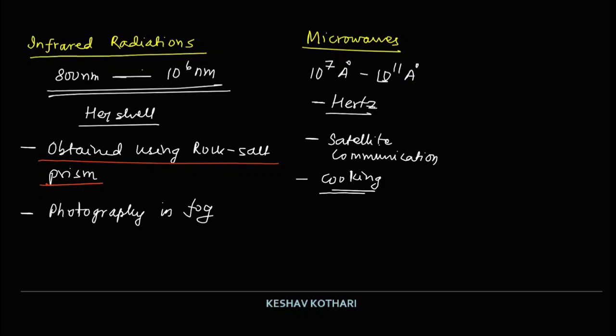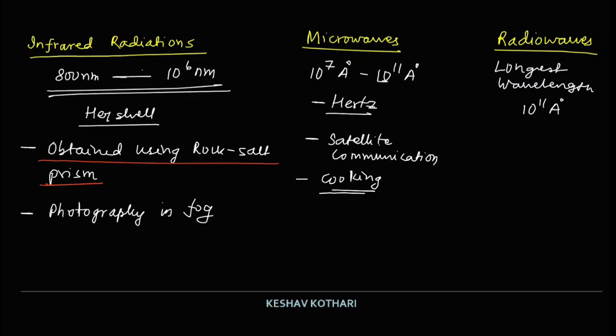The last one is radio waves. These are the waves of longest wavelength, above 10 meter or 10 to the power 11 angstrom, and they have a frequency of 3 into 10 to the power 7 hertz.